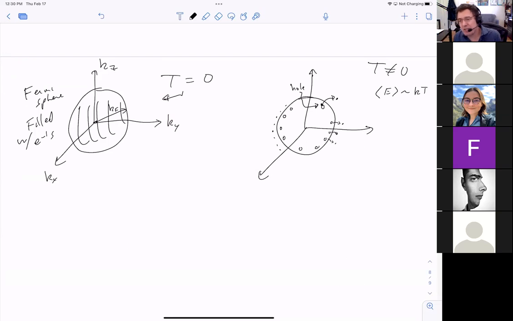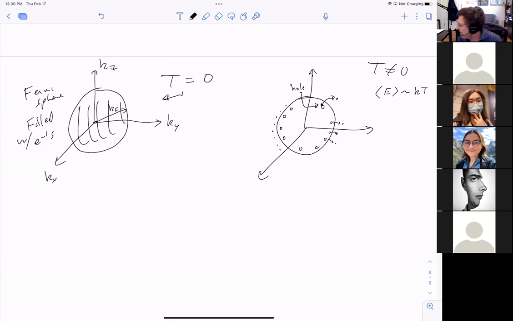Can they get out? Yes or no? Deep inside, no. Why not? That's the right answer. They can't get out, but why not? The energy difference to the surface is greater than kT.